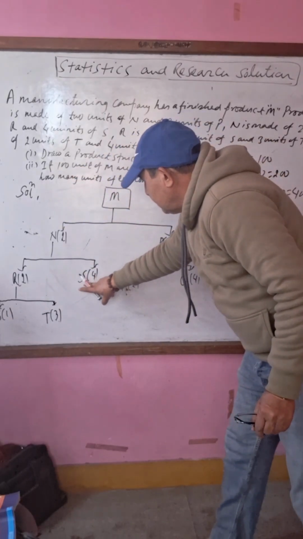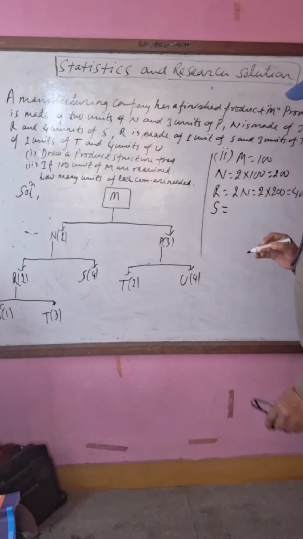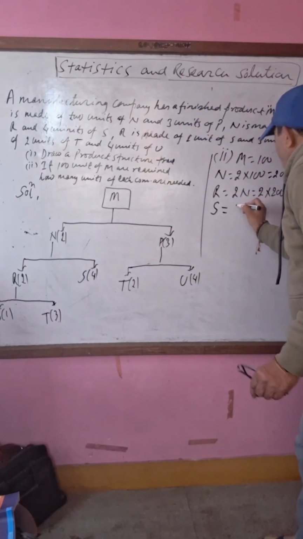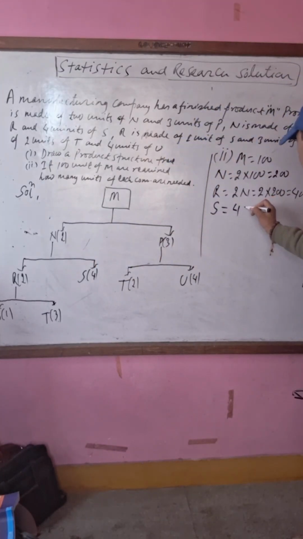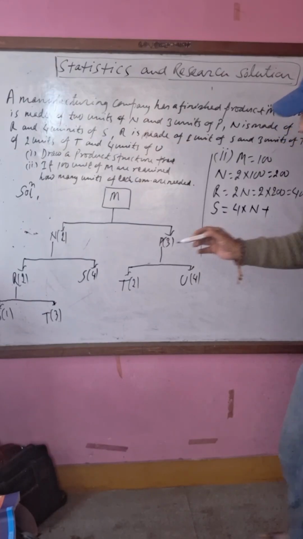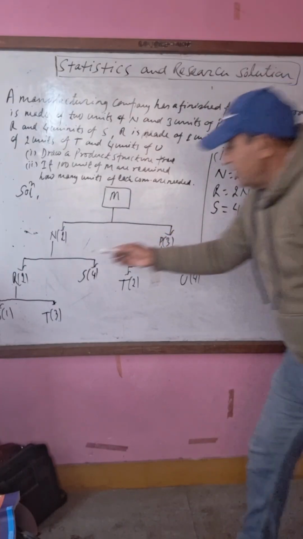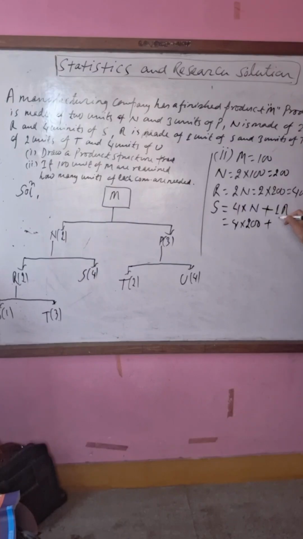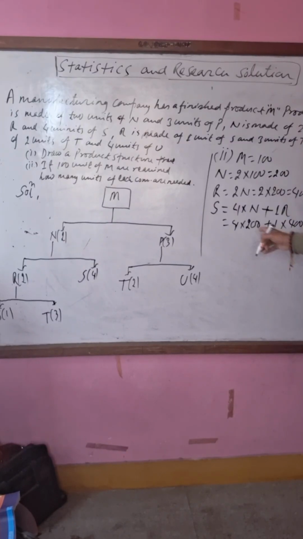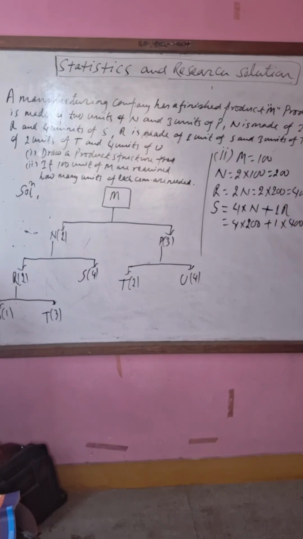These two S we need: 4 into N plus 1 into R. 4 into N is 800, plus 1 R is 400, so that is 1200. S is 1200 required.